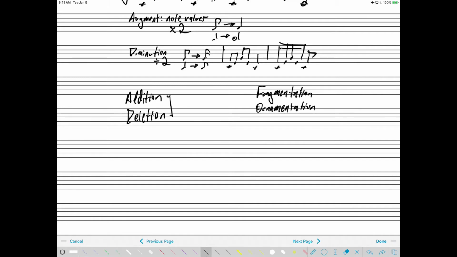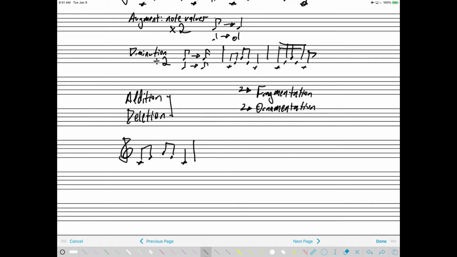We'll look at addition and deletion first. Here, what we're dealing with is relatively straightforward in that we are going to either be adding notes to this motive or deleting notes from it. Now, we will see with ornamentation and with fragmentation that we'll be doing something similar. With ornamentation, we'll be adding notes, and with fragmentation, we'll be deleting notes.